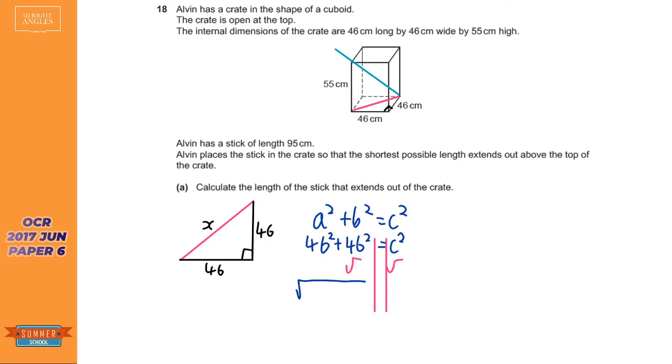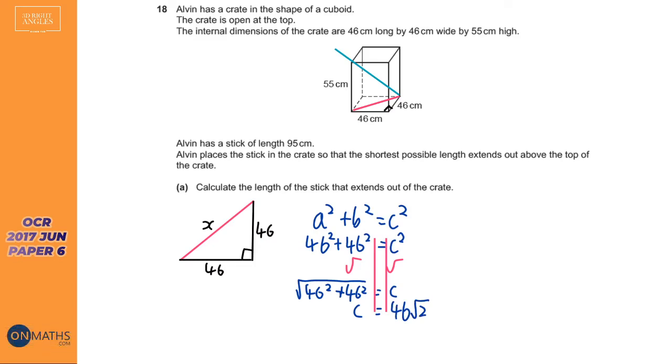So we've got square root of 46 squared plus 46 squared equals c. And so c equals, and then get my calculator, square root of 46 squared plus 46 squared. And that gives us a nice surd to use, 46 root 2.